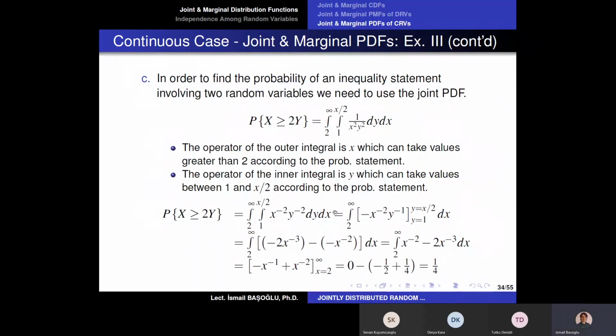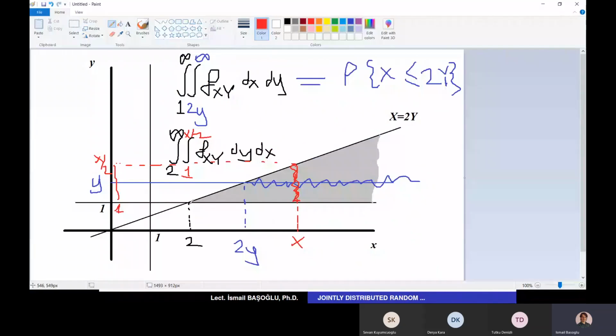So the outer integral belongs to x, and x is changing from 2 to infinity. And the inner integral belongs to y, and for a given x value, y is changing from 1 to x over 2. In that way, as you integrate x from 2 to infinity, you are integrating y from here to the upper part of this line.